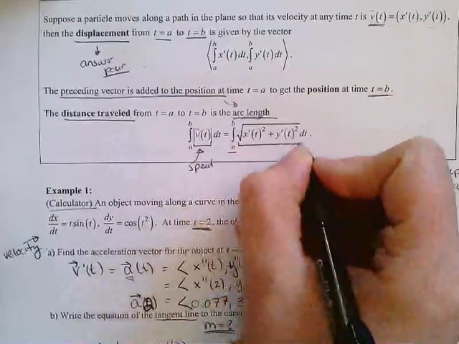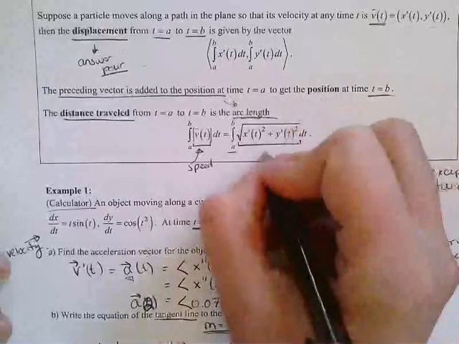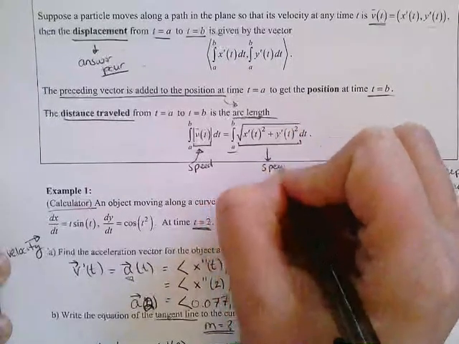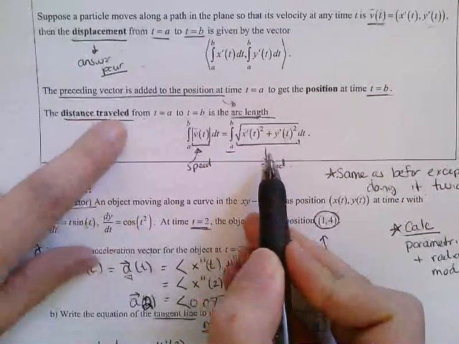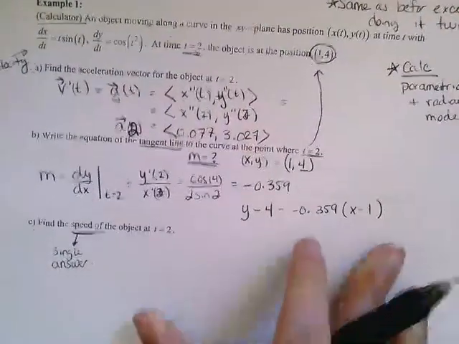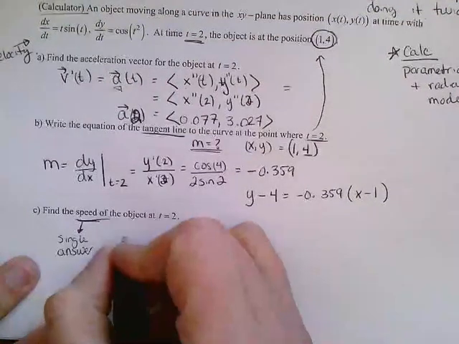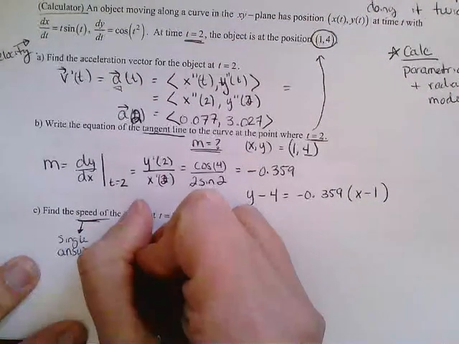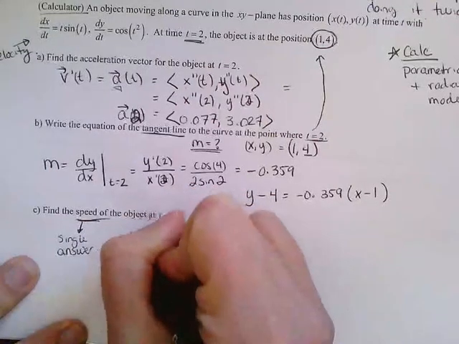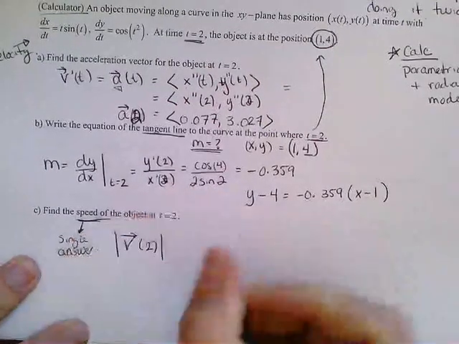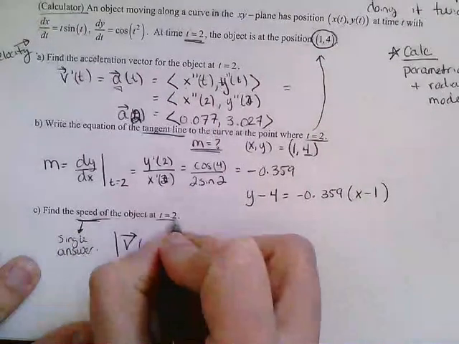So this right here is going to basically give us our speed. Now when you integrate the speed, you get the distance traveled. But that's our speed right there. So my speed is going to be the speed of the velocity function at t equals 2.